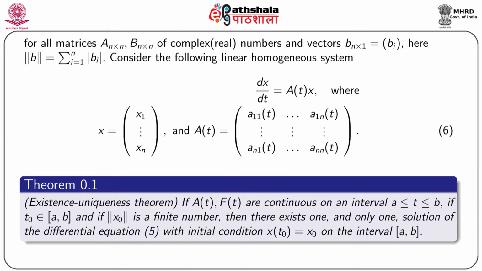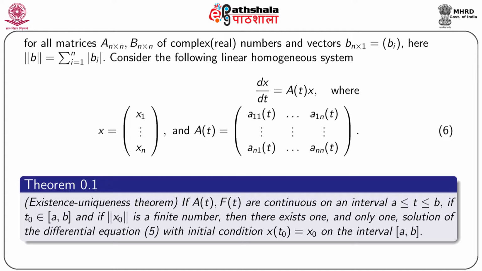For all matrices A, B of complex or real numbers of order n and the vectors B, n cross 1, the norm is equal to summation i equal to 1 to n of mod of Bi.